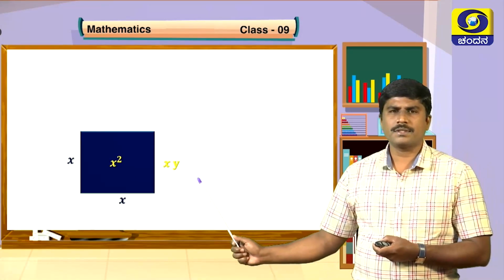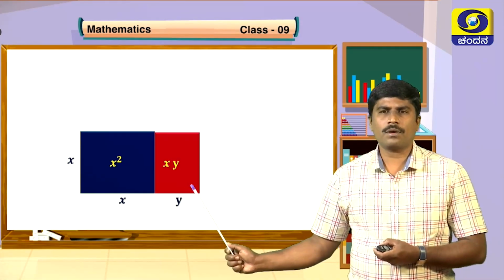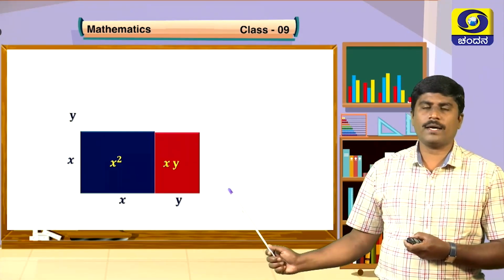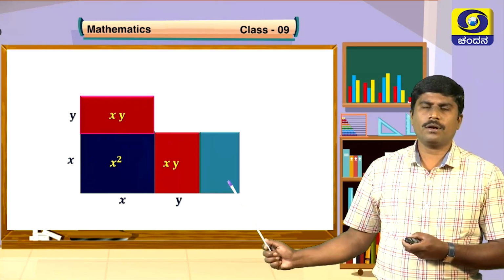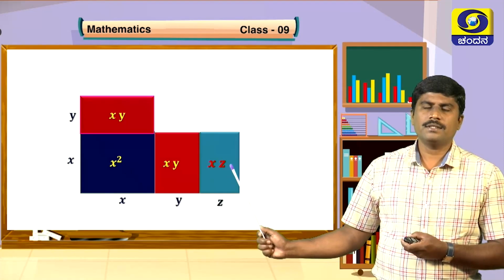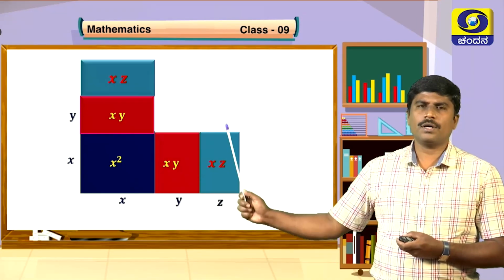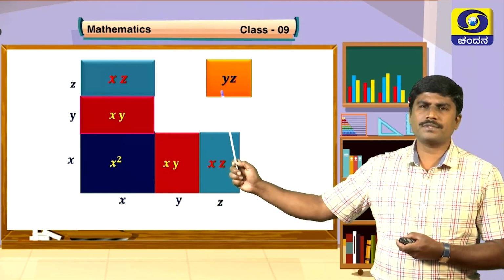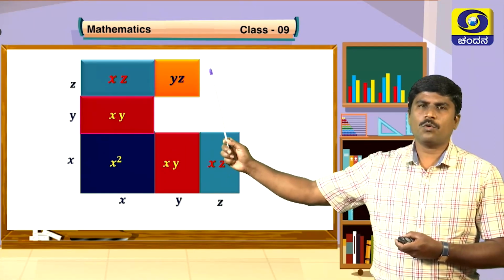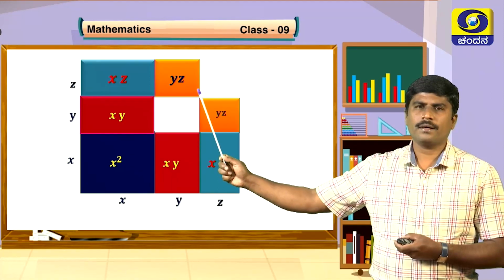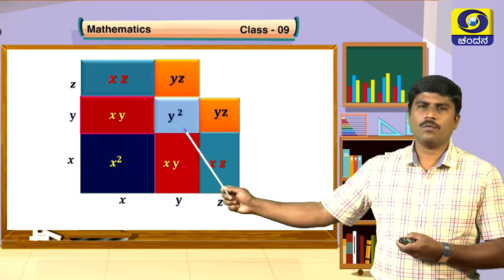Again there is one more rectangle, x into y, and another one, x into z. Then y into z, again yz, then y square, and one more, z square.